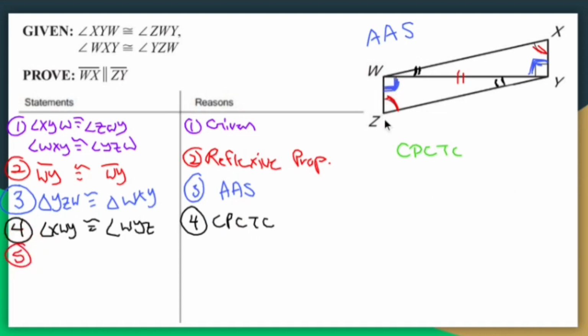This angle, ZWY, plus YWX equals angle, I did these two, XYW plus angle ZYW.